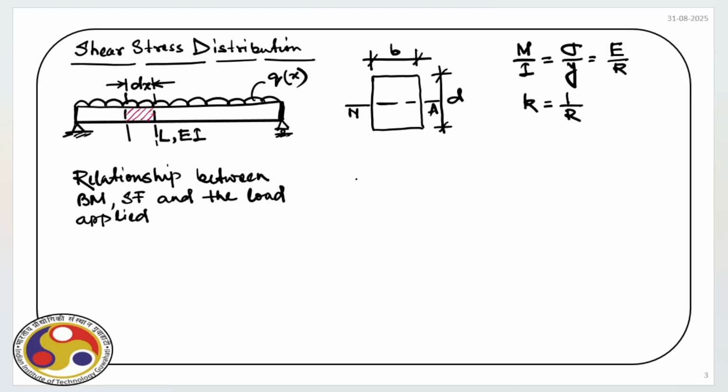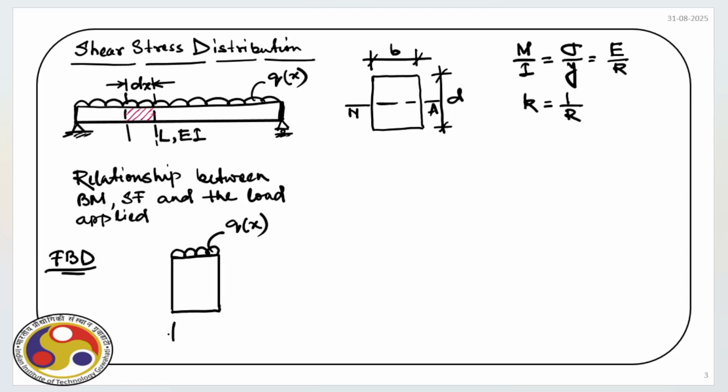Okay. Now for that, let us first draw the free body diagram of this cross section. So we draw the free body diagram first. So we have an element of dx over this. We obviously have the UDL of intensity q(x).